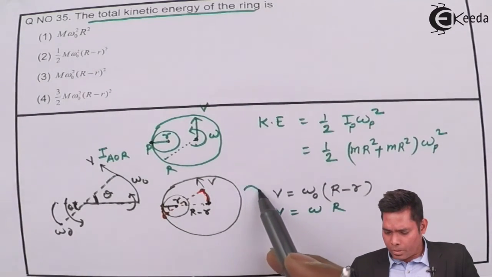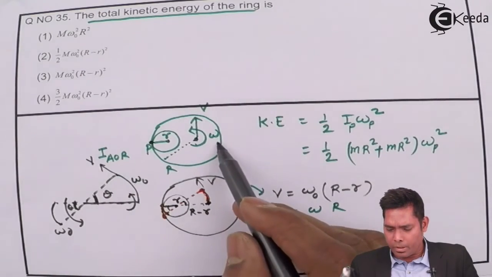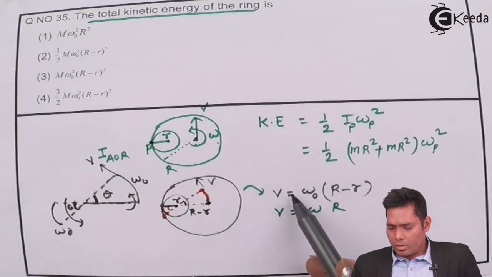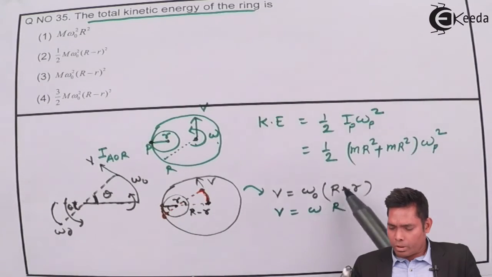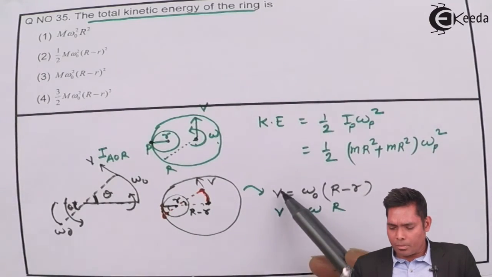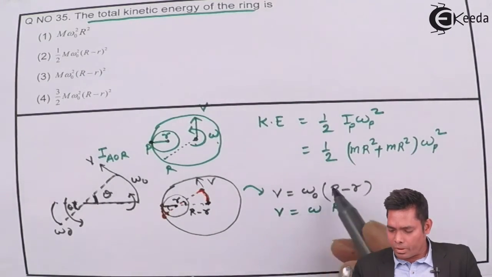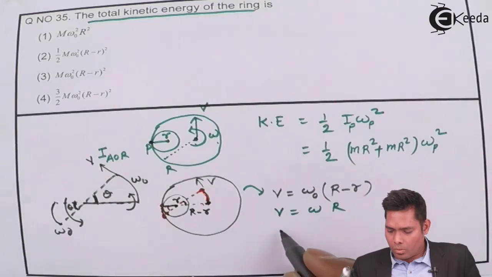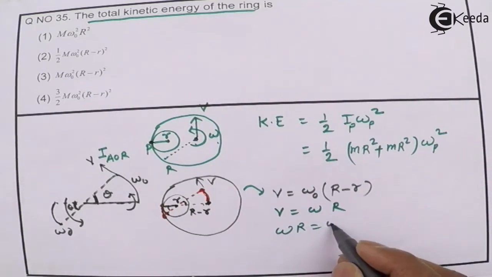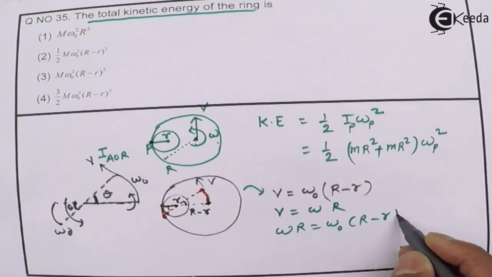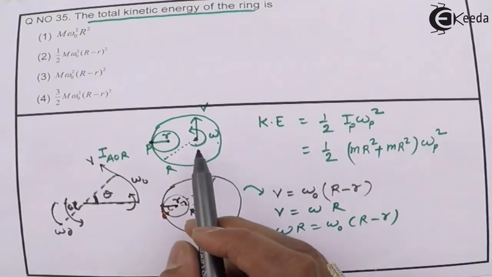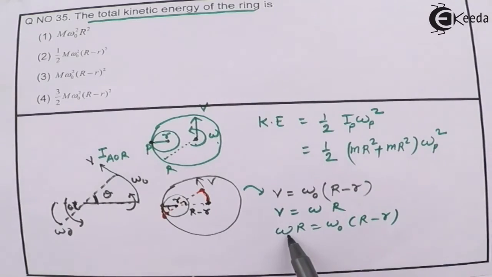This is obtained from here, and this equation is obtained from here. So you can equate these two, because speed is same in both the cases. v remains same, so equating these two, omega r is omega naught (R minus r). So that omega here is omega with respect to p. So omega p is omega naught (R minus r) divided by r.